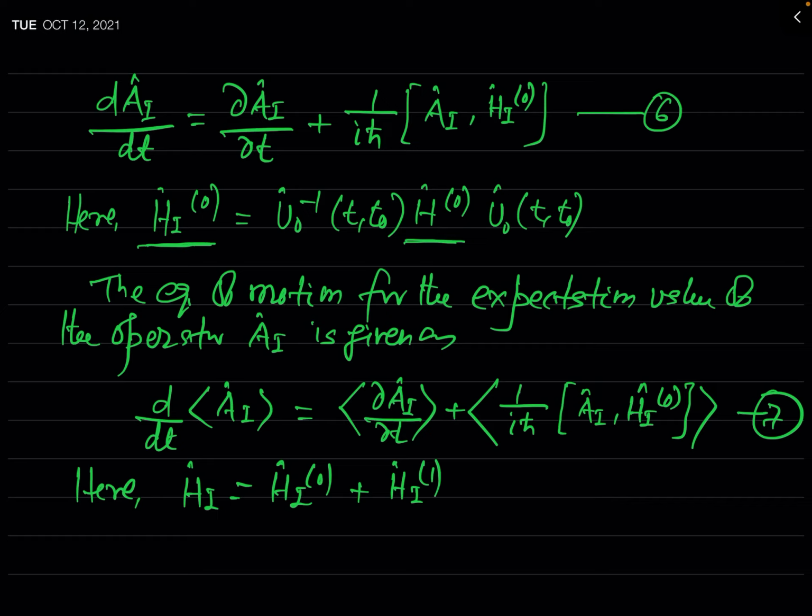As I have told you, this interaction picture finds its application when your system is in an external field, and we will see such situations more rigorously when we discuss the theory of time dependent perturbation, and so this basic fundamental will be used there.